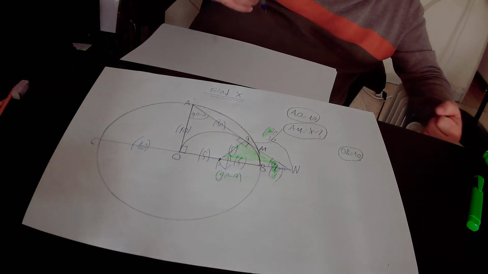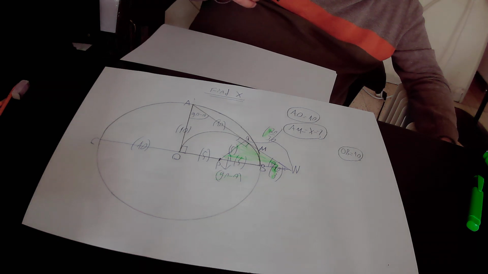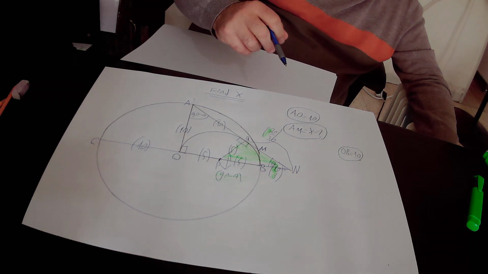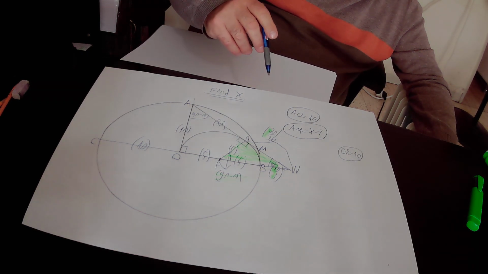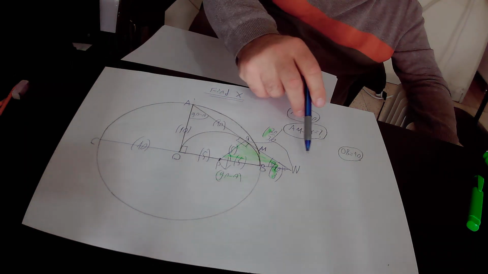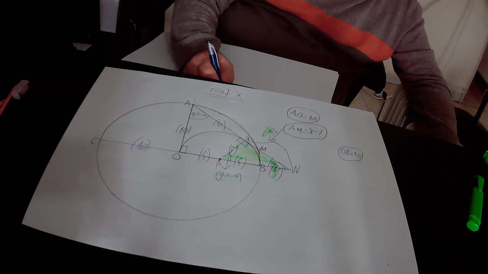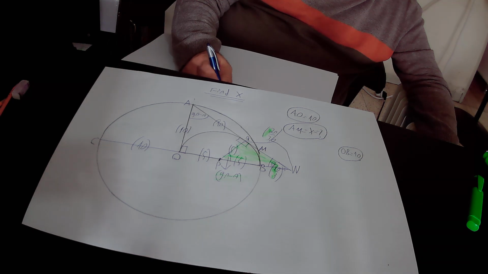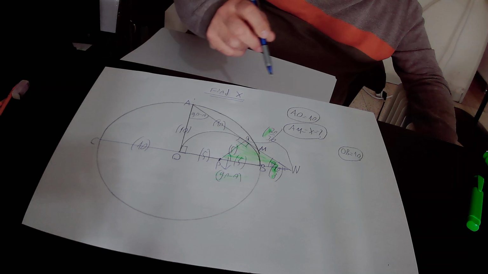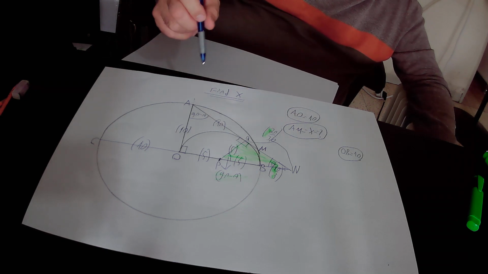Therefore all the requirements of rule number 14 are met, and therefore we can implement here rule number 14. According to rule number 14, NB times NC equals NM times NA.